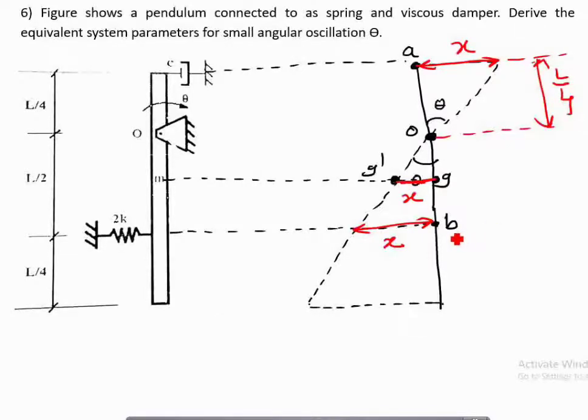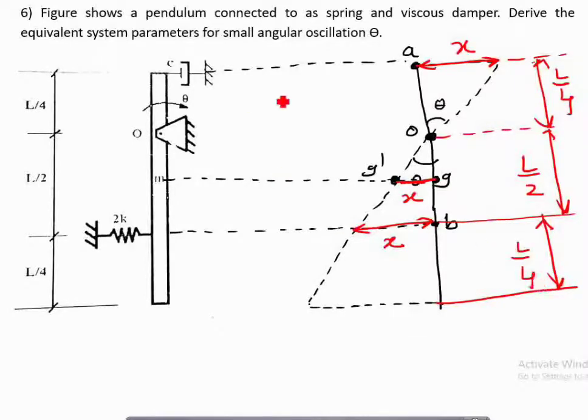This is given. Then this distance from point O is L by 2, and this distance they have given as L by 4. Obviously the CG will act at a distance L by 2 from the center. So first of all we have to find out the relation between all the x and theta.